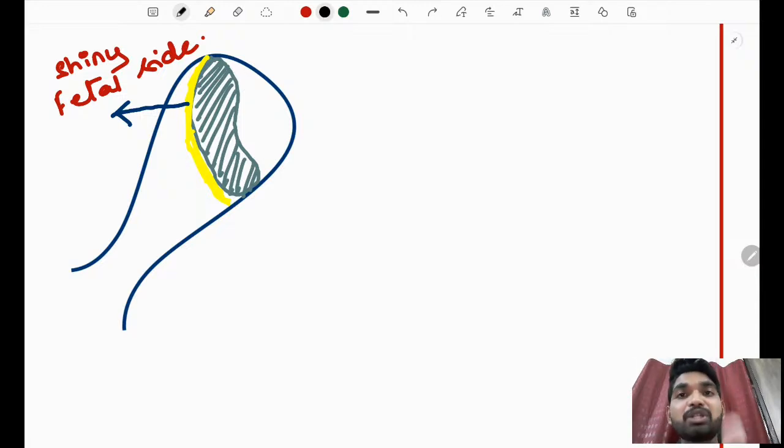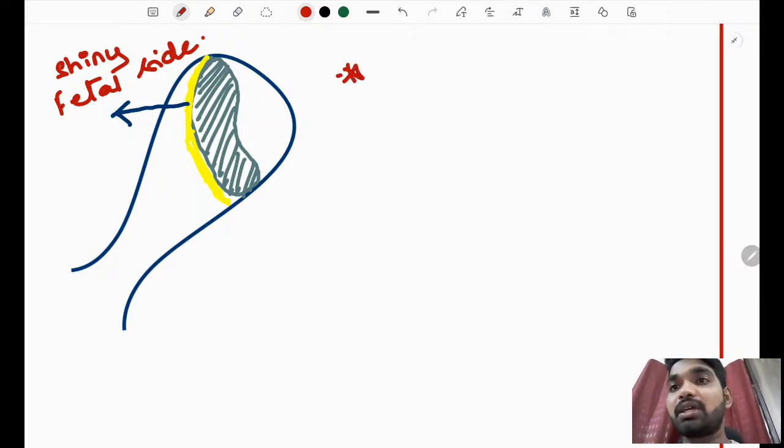These both are methods of placental separation, right? See the image carefully. Here the placenta is separated in the center. But see the edges, both the edges are still attached to the uterus, but there is separation from the center of the placenta, right?